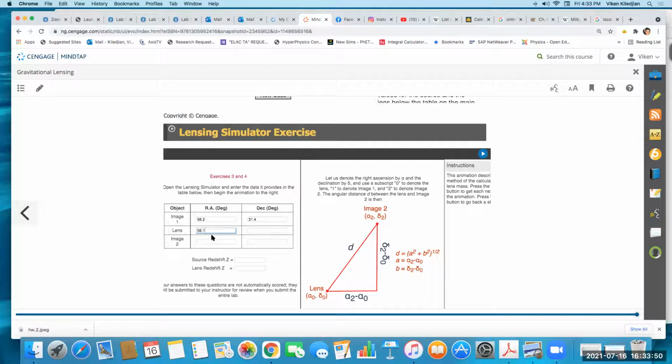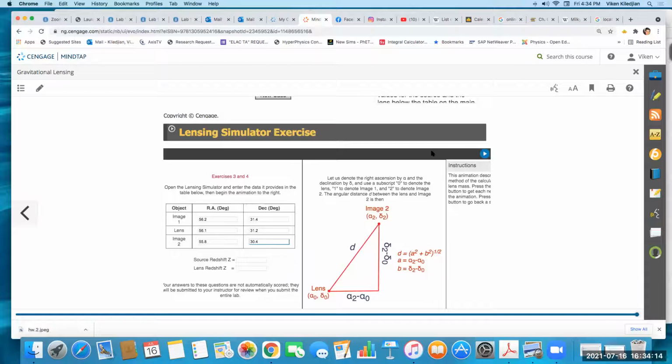Of course, it's going to be more decimals, but I'm just doing it with 1 decimal for now. 31.2. And image 2, 55.8. 30.4.